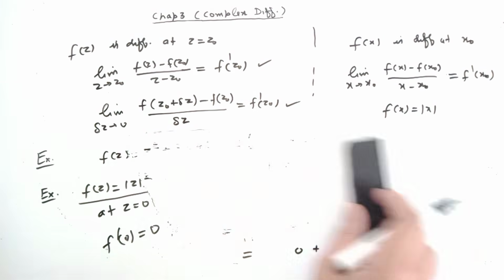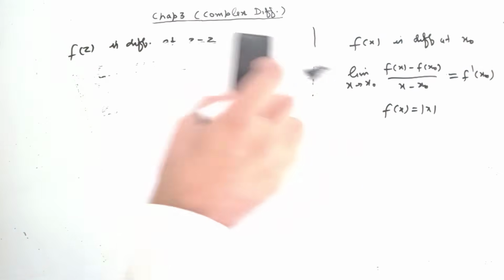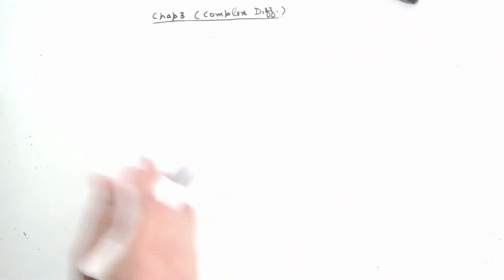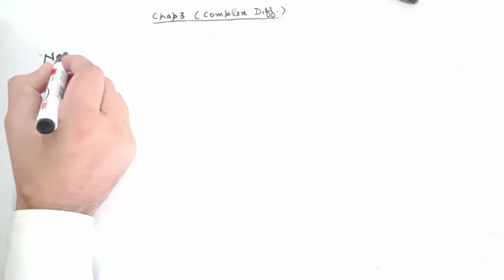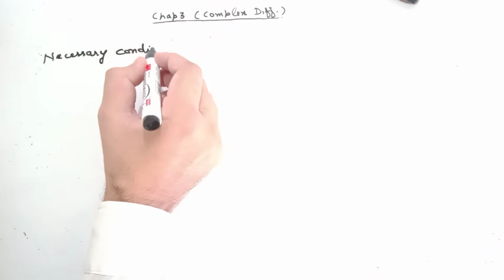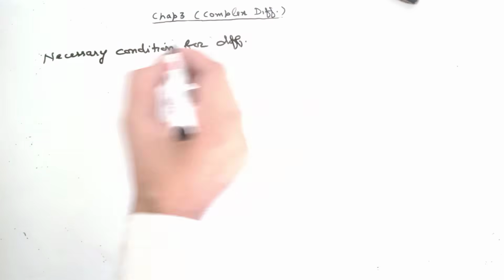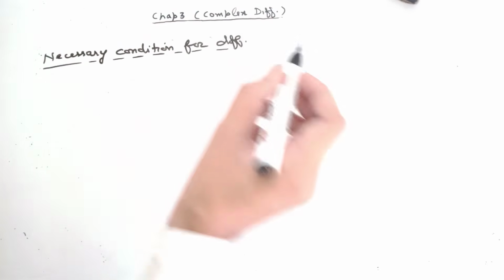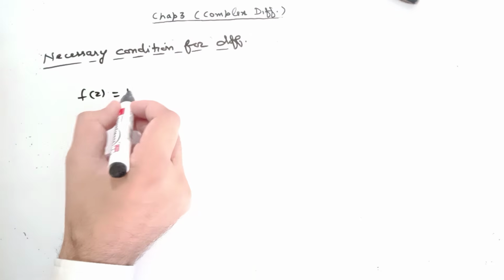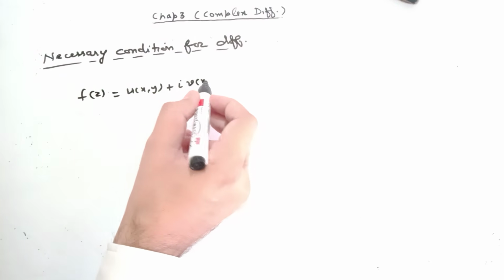Next, necessary condition for differentiability, it's very important. For differentiability of a function, see it carefully. f(z) equal to u(x,y) plus iota v(x,y).